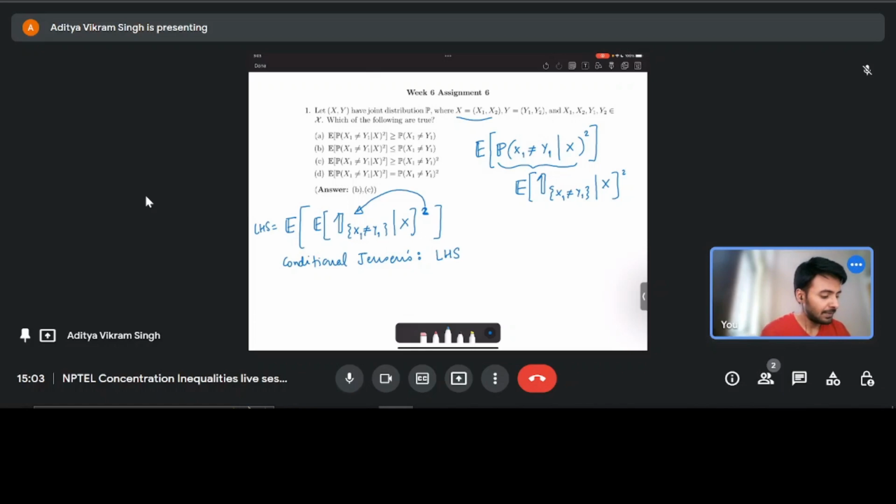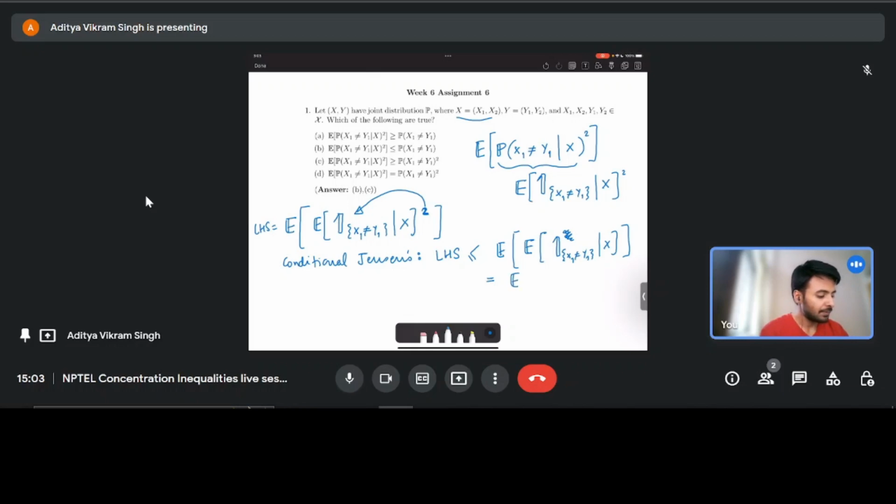LHS is less than or equal to the expected value of the indicator of X1 not equal to Y1, whole square. We know 1 square is 1 and 0 square is 0, so this indicator square would be the indicator, so let me just remove the square here. Now we use the tower property of conditional expectation, that the expectation of a conditional expectation is just the expectation.